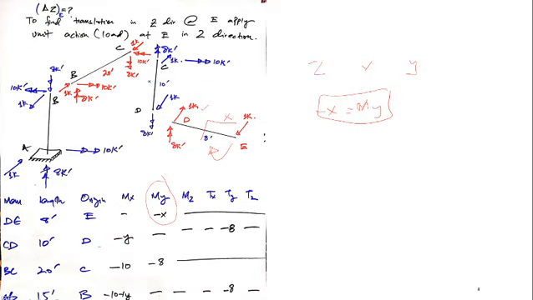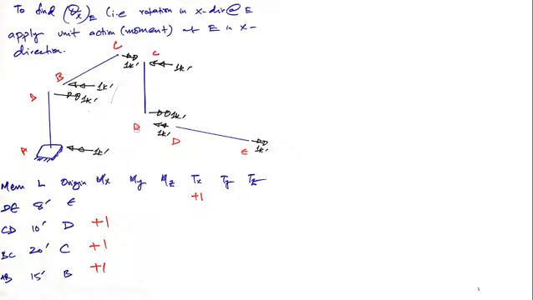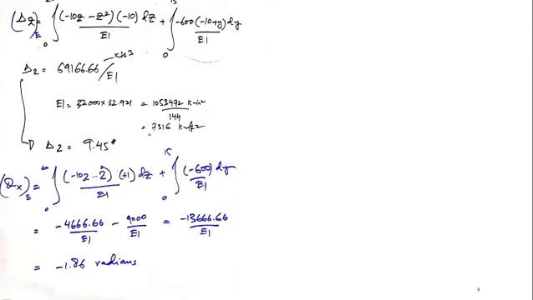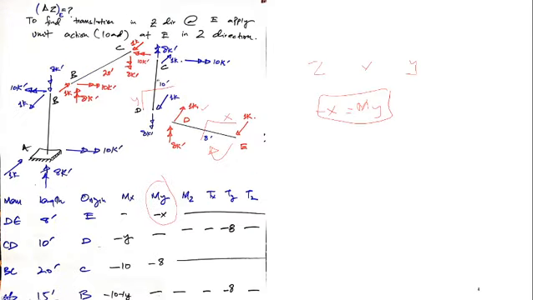In this member, our origin is D. This is Y. I'm sorry. 8 kip-foot here. I have to find all moments here. So you should know that this 8 kip-foot is clockwise, and it's a torsion.